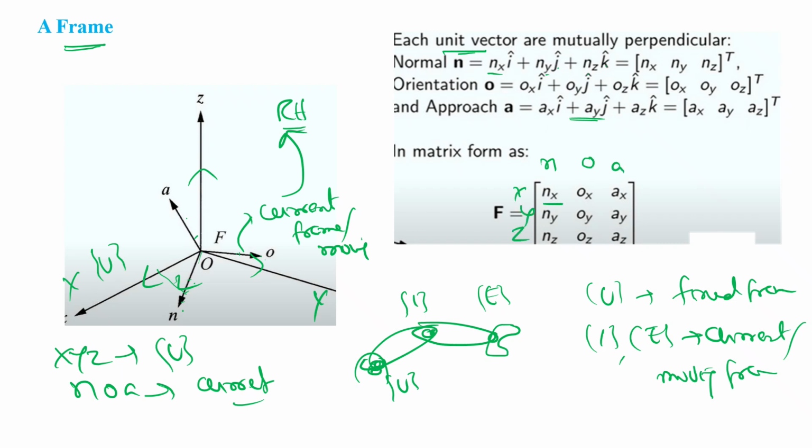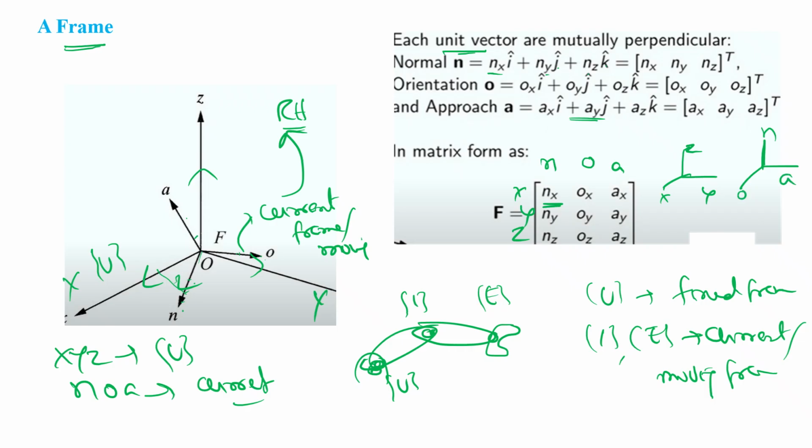This point says how far the current frame x-axis and the reference frame x-axis are, both to be compared. For example, this is my x, y, z, and now I have put it like this. This is my NOA.